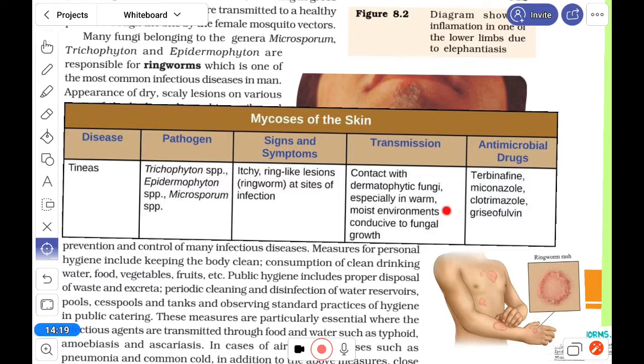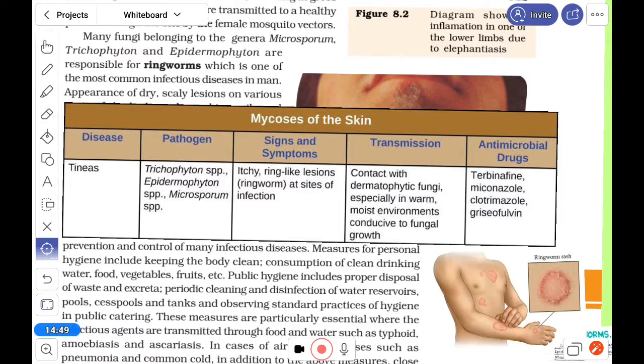In our country, it is the ideal place to grow, at 40 degrees Celsius and 80% moisture. The dogs are there, but that is not our study. So just the symptoms and the transmission of it. That is about ringworm. Alright, we have completed the disease part.